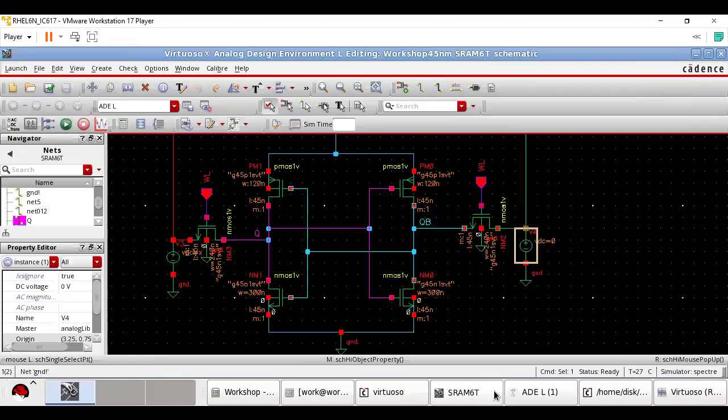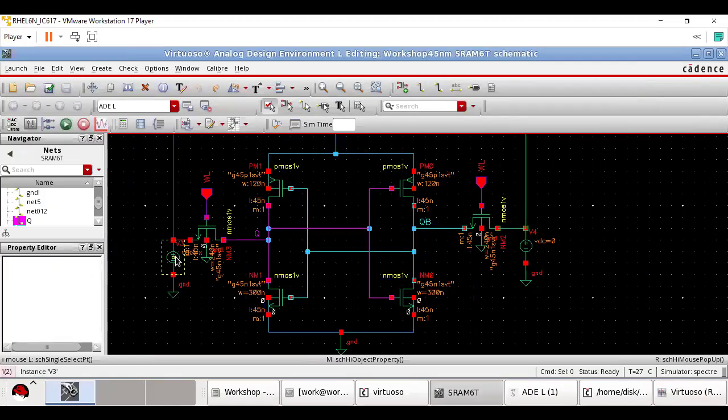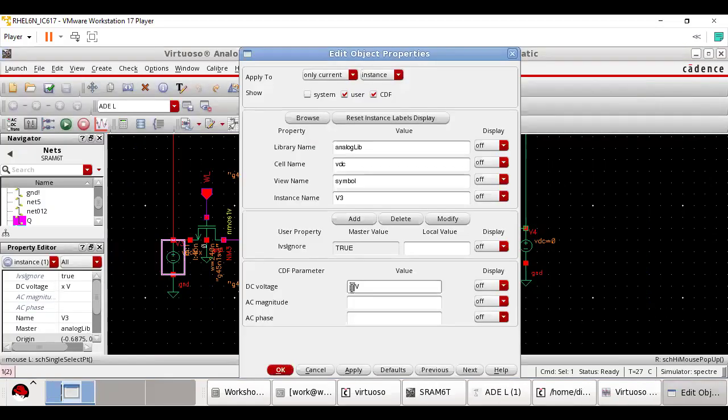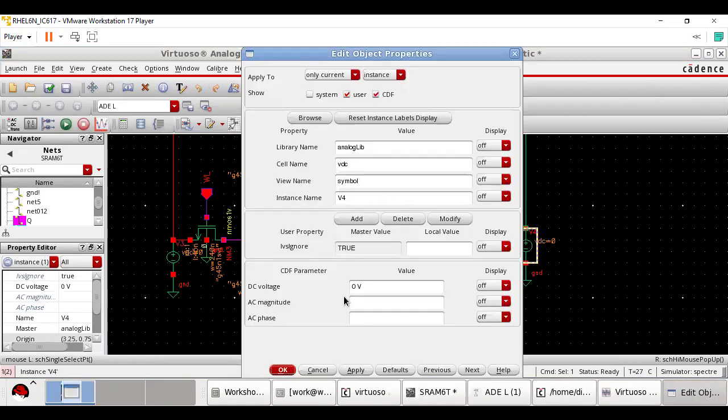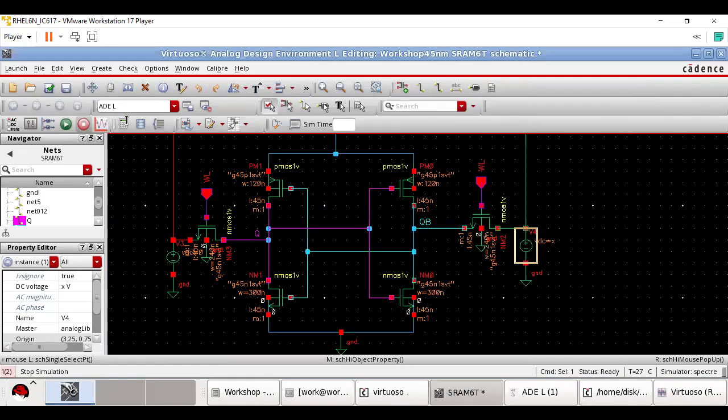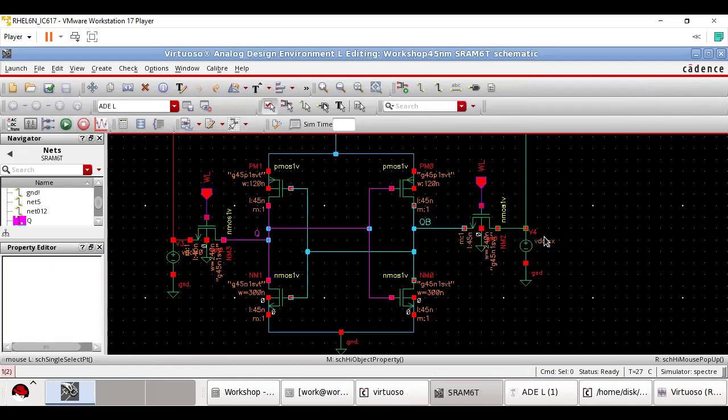Now let us do the reverse practice. I take this as 0 volts and this as 1 volt. So now, because you have given 1 on this side, QB should be 1, Q should be 0.